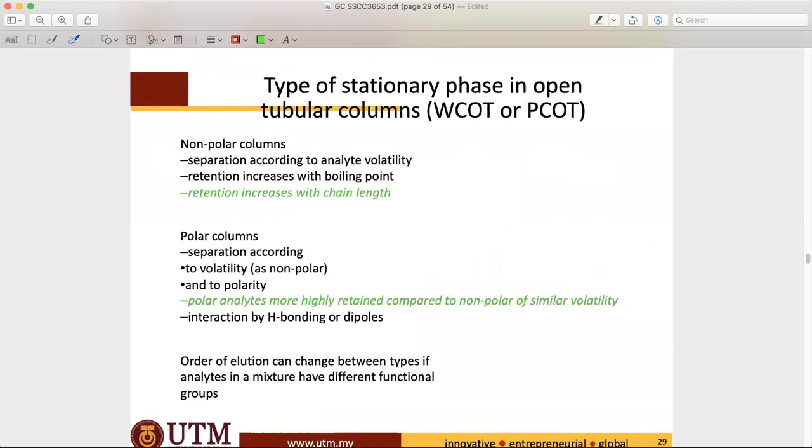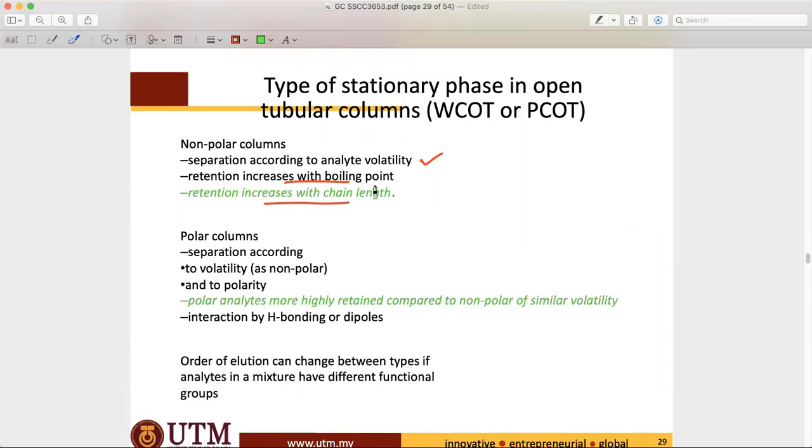Type of stationary phase in open tubular columns, whether it is a WCOT or PLOT. Non-polar columns, polar columns, you need to know, depending on your analytes. For non-polar columns, the separation is according to analyte volatility. Retention time increases with boiling point, and retention time increases with chain length.